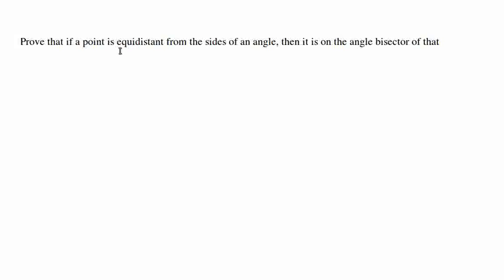Prove that if a point is equidistant from the sides of an angle, then it is on the angle bisector of that angle. So try to solve that if you like. I will discuss with a diagram right now.